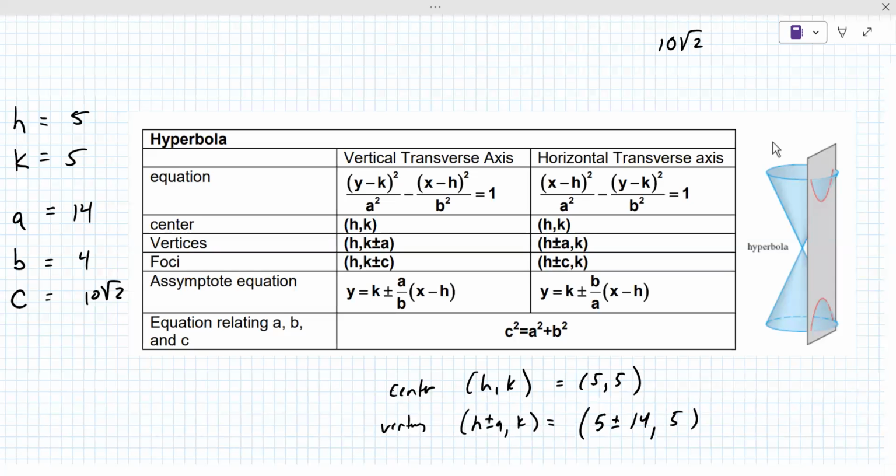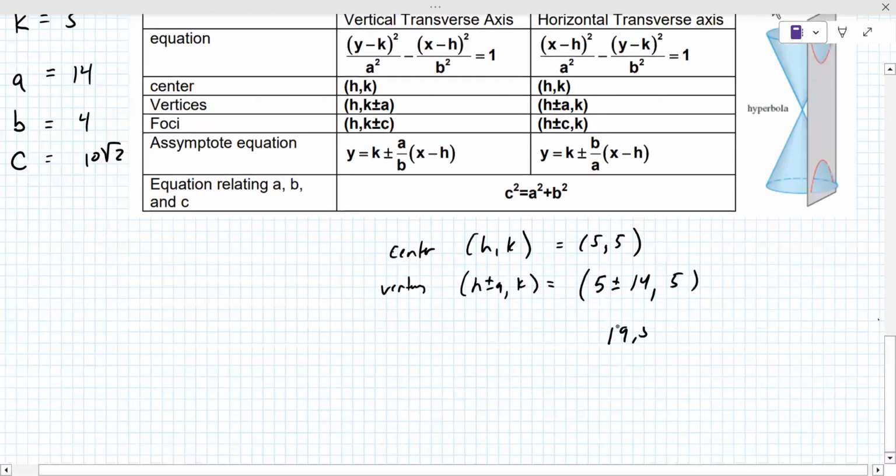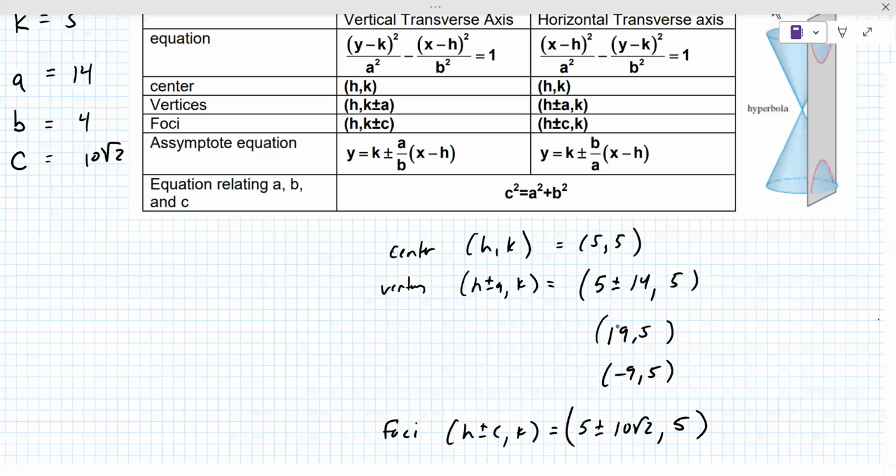We'd want to convert those to 2 ordered pairs. So it's 19, comma 5, and then minus 9, comma 5. And then the foci, H plus minus C, comma K. This one you can't get much out of because it's 10 root 2. There's your foci.